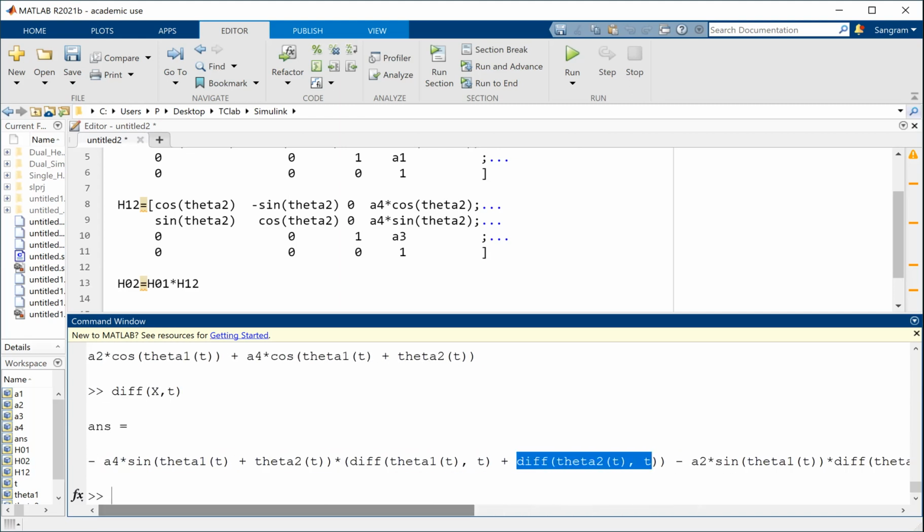Other than that, you got the velocities of the end effector. So I'm going to stop here, and next class I will work out a few more problems.